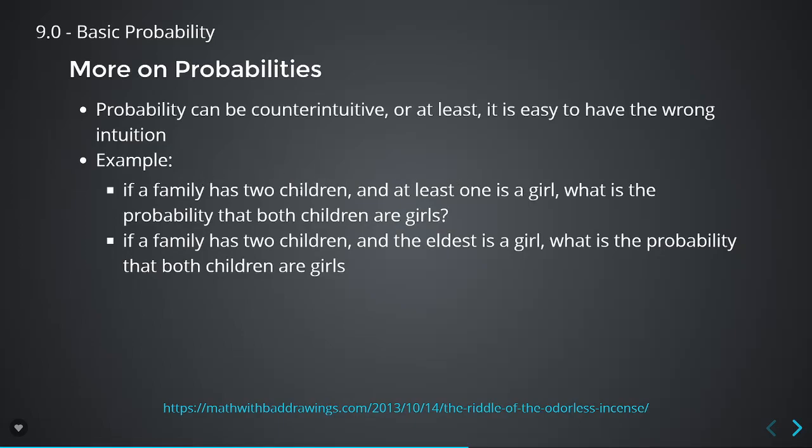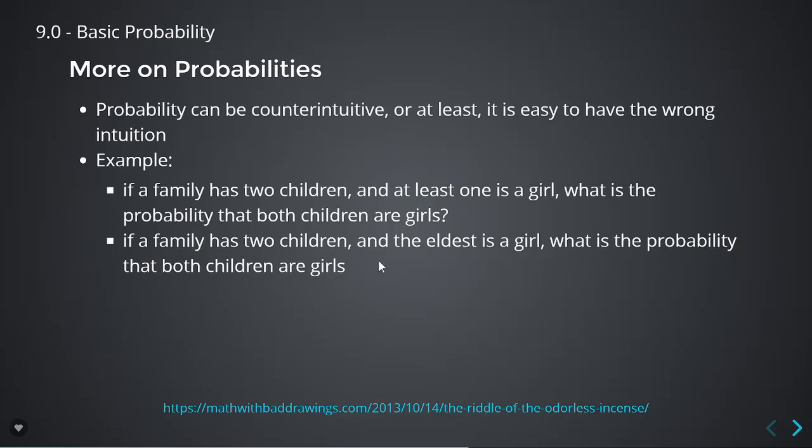The question is simple. If a family has two children and at least one is a girl, what is the probability that both children are girls? So this is just like a coin flip, really. You can replace that with a coin flip. The second question is, a family has 2 children and the eldest one is a girl. What is the probability that both children are girls?